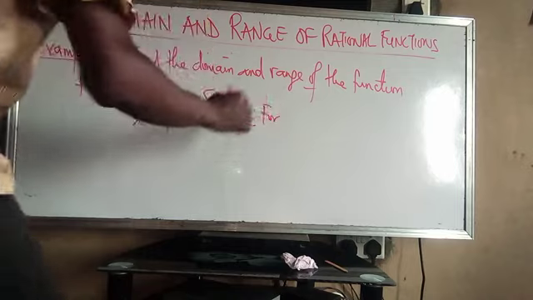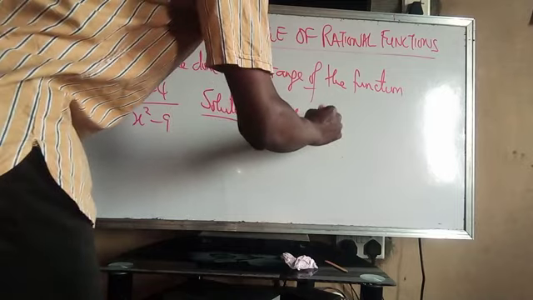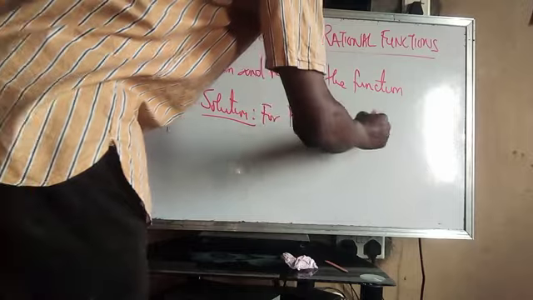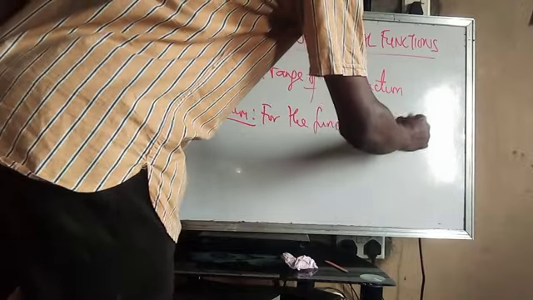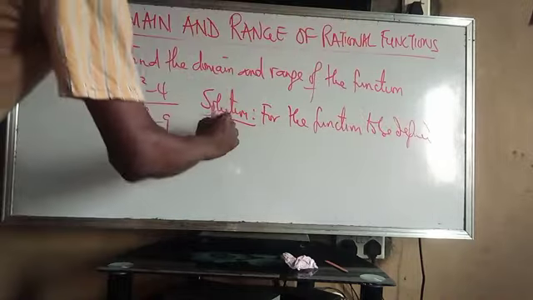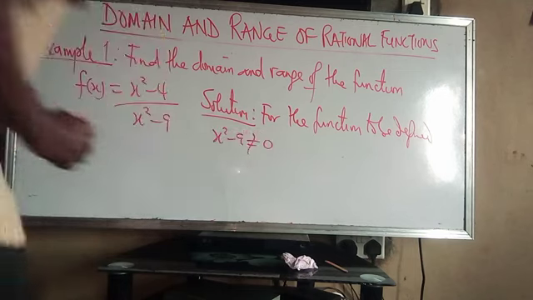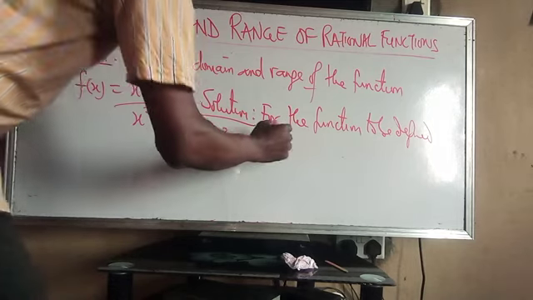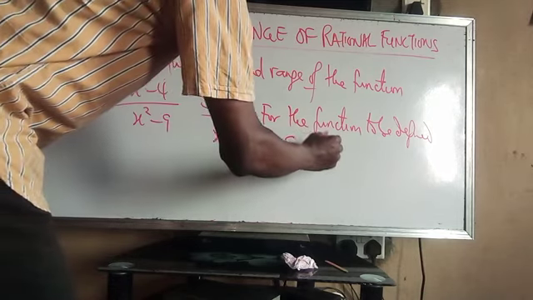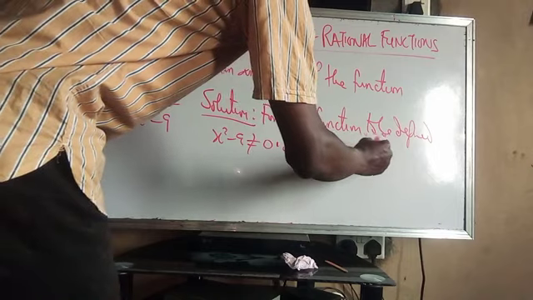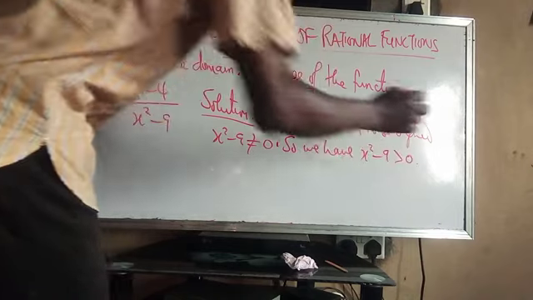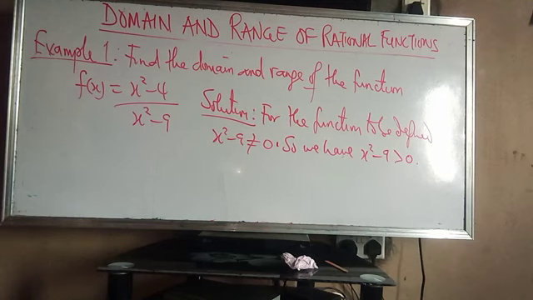For the function to be defined, x squared minus 9 must not be equal to 0.